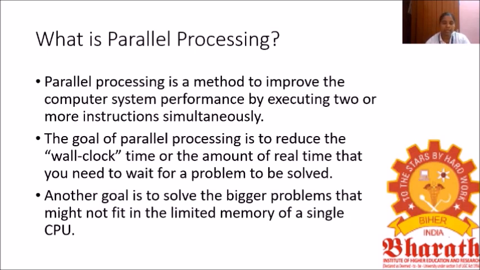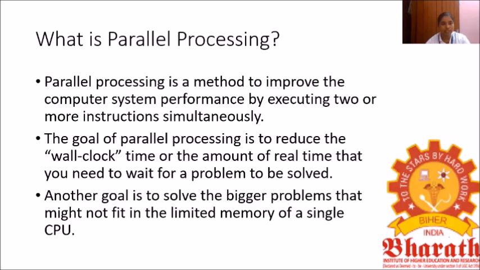The primary purpose of parallel processing is to enhance the computer's processing capability, and also to increase the throughput, which means the amount of processing accomplished during a given interval of time.